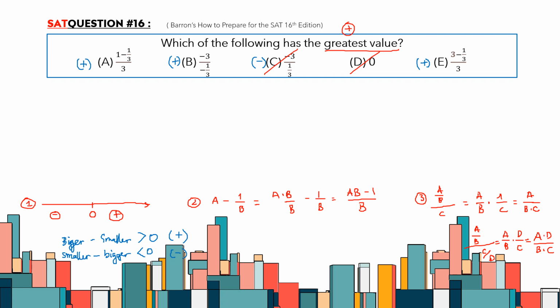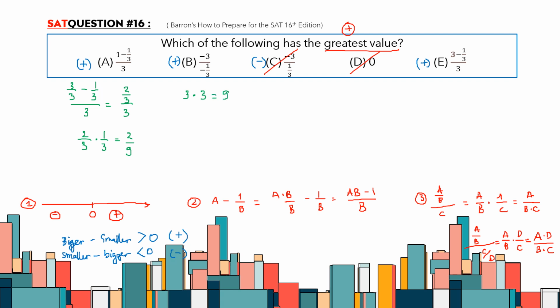Next we have 1 subtract 1/3. 1 multiplied by 3 over 3, so we have 3 over 3 minus 1/3. That's the same as 2/3 over 3. Divided by 3 is multiplied by 1/3, and that equals 2 over 9. For B, we have 3 divided by 1/3, which is multiplied by 3. That's 9.